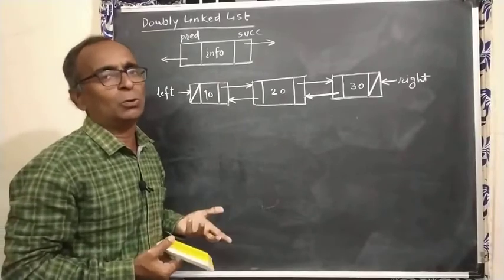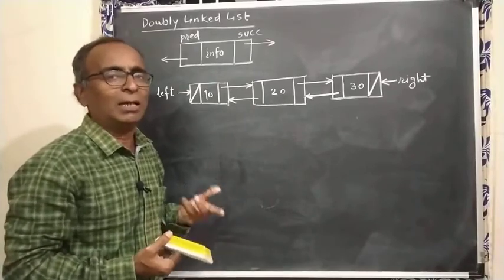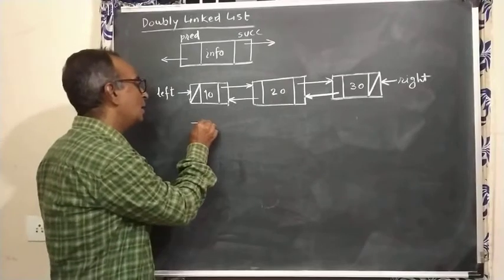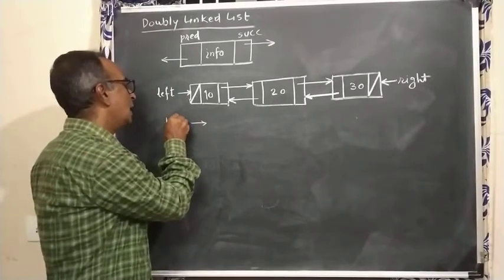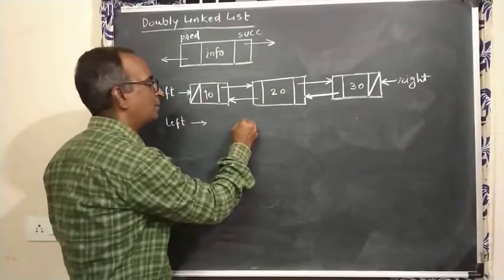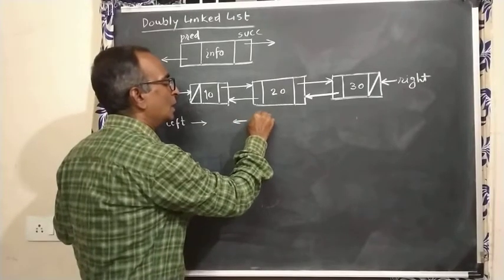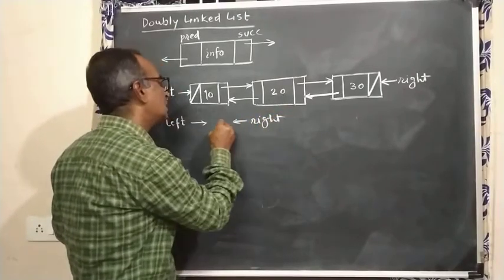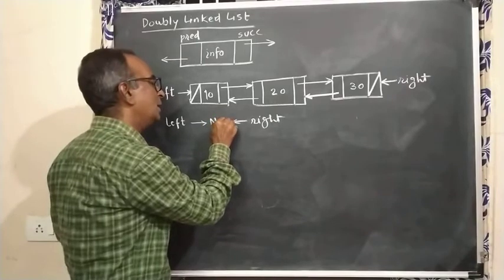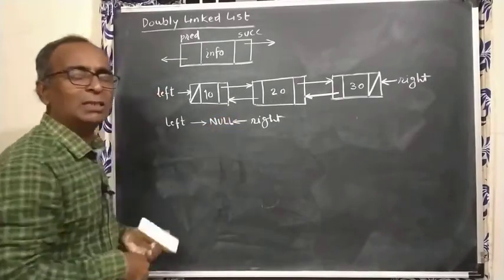As there is no node, left and right will have a null value. So whenever left as well as right contain a null value, what does it mean?